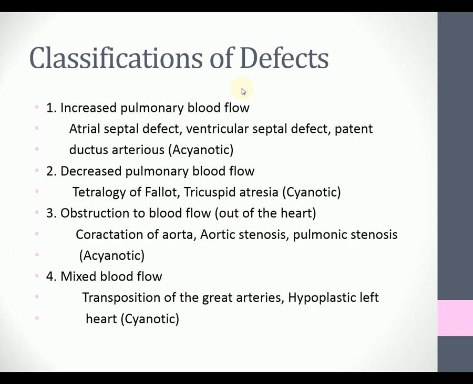Okay, let's talk about the classifications of the heart defects. We have 4 different types that used to be known as the cyanotic and acyanotic, which you can see there.